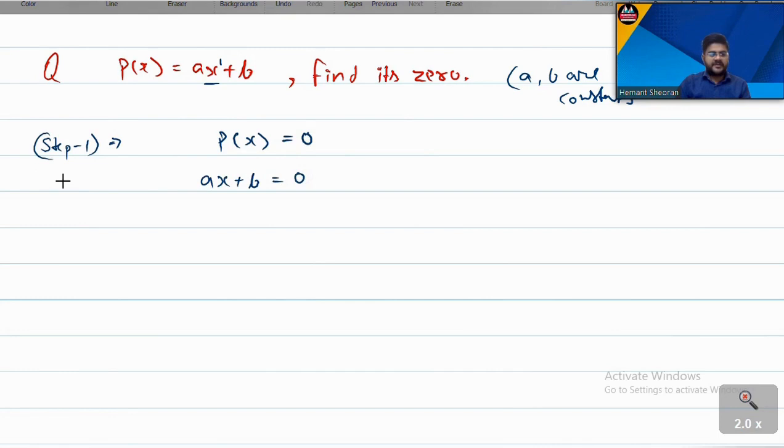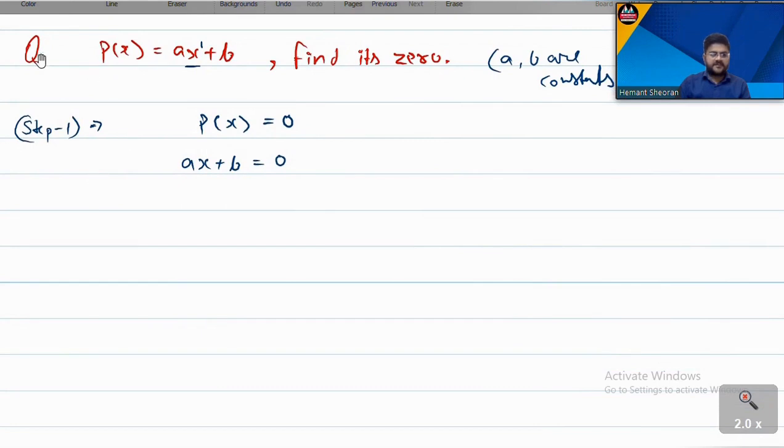What will be the value of x in terms of b and a? What value will you get for x? Would it be negative b over a? Yes, that's it. The b will go to that side, so ax will be equal to negative b. x will remain over here, a will go in division, so negative b over a.